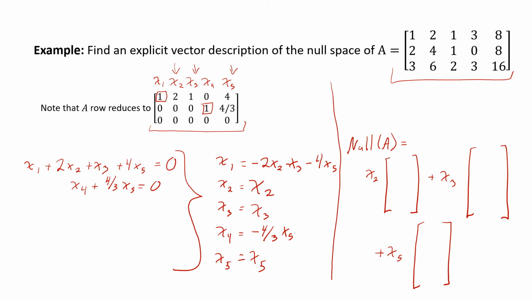The x2s are negative 2, 1, 0, 0, 0. The x3s are negative 1, 0, 1, 0, 0. And the x5s are negative 4, 0, 0, negative 4 over 3, and 1. That is the description of our null space. So our null space is the span of those 3 vectors, which is a subspace.